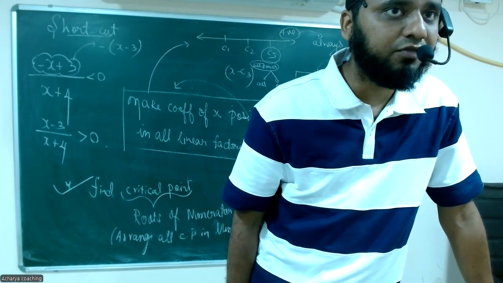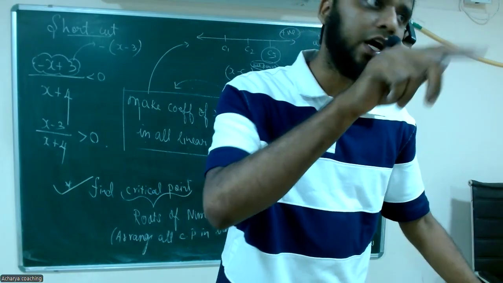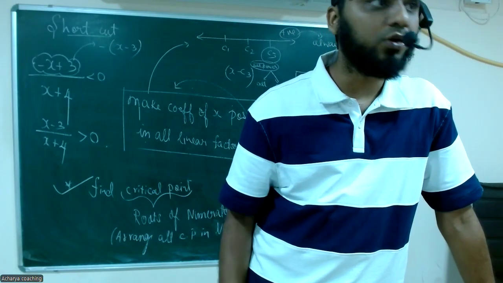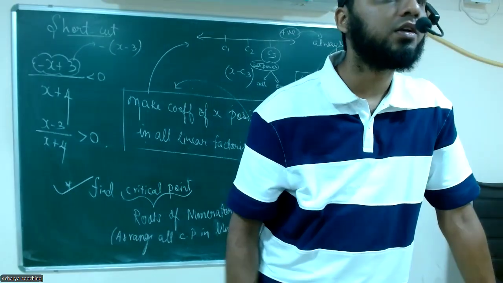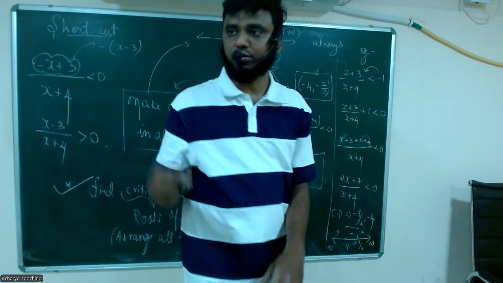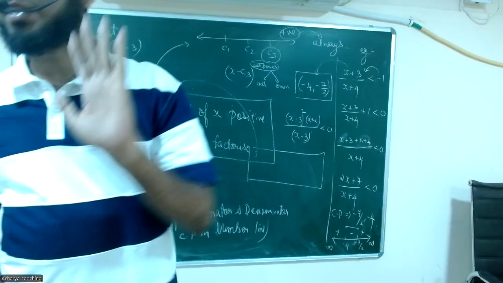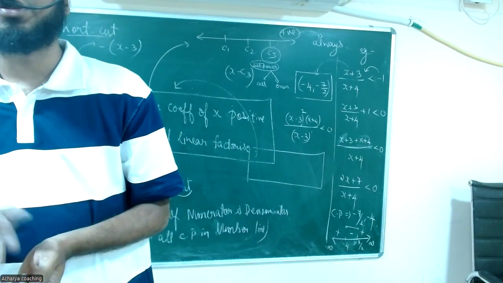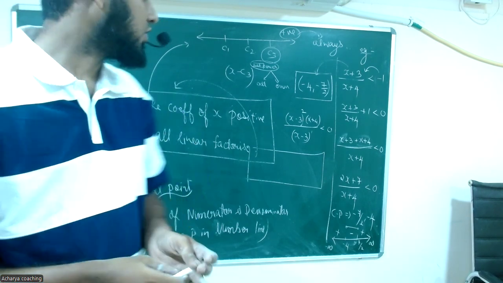This shortcut I'm telling for polynomials, which I can factorize. Suppose you have square root of x plus 1, that you cannot factorize. For that case, you have to follow the previous method without the shortcut. You have to substitute the values and check. Clear or not? Finding critical points, all those things are the same. After finding critical points, you have to substitute and check. Any doubt in this? Okay.